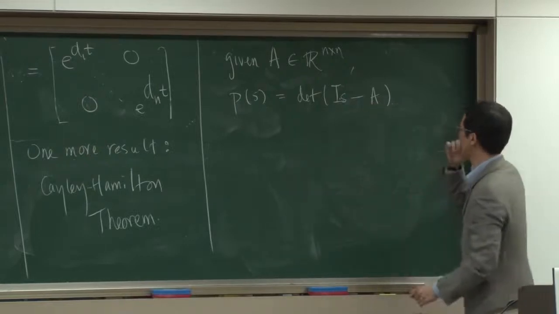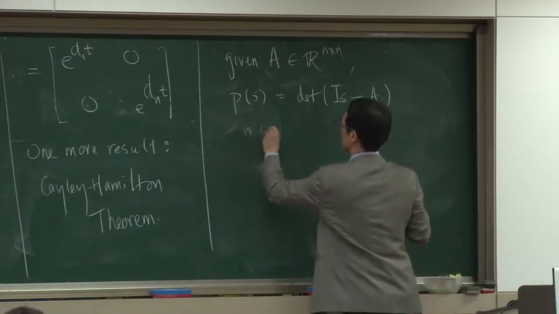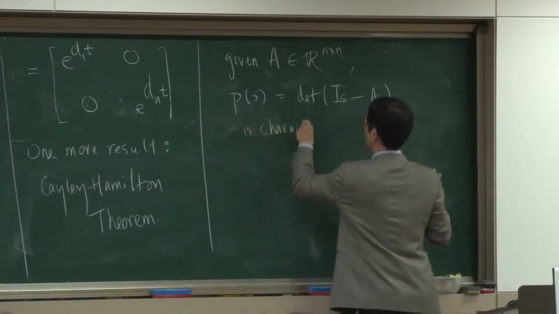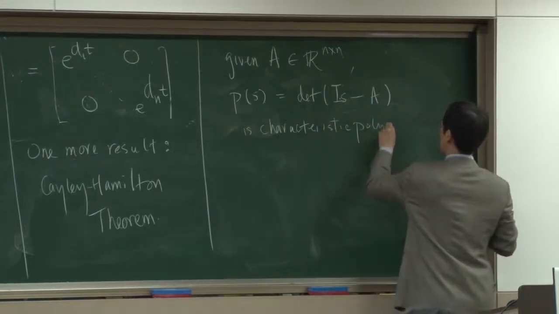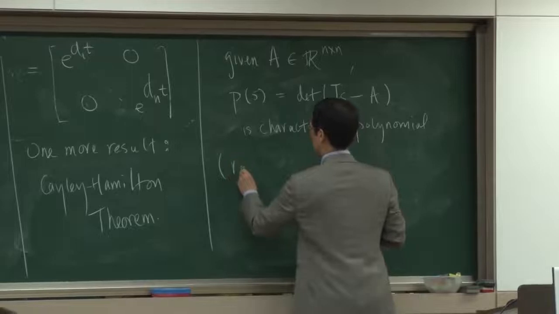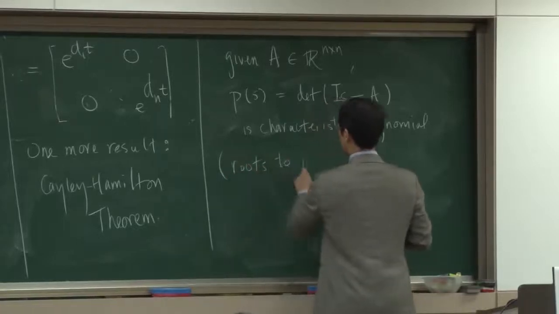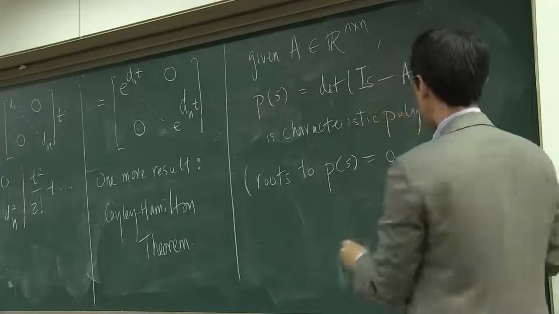This is the characteristic polynomial, and we know that its roots, the solutions to P of s equals 0, are the eigenvalues.